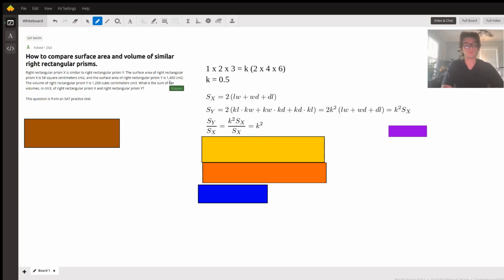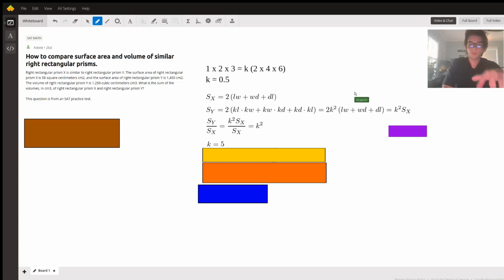And if we work that out, 1450 divided by 58, that's going to equal 25. So k squared equals 25, and then the square root of 25 is going to equal 5. Just going to give us this easy number right here. K equals 5.